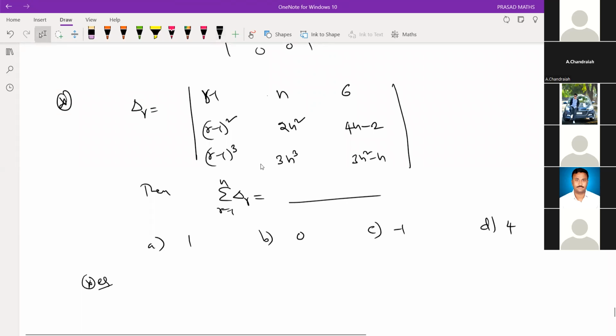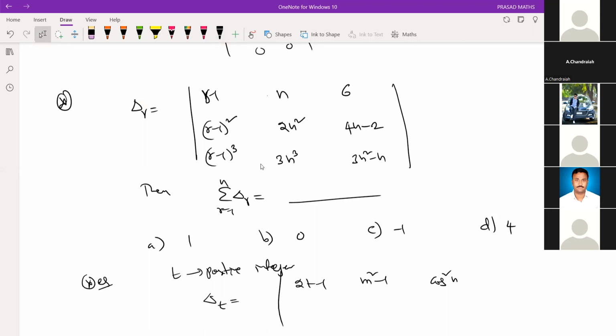It is also an exercise. Let m be any positive integer. del t equals 2t minus 1, m square minus 1, cos square m square, where mCt means the binomial coefficient, 2 power m cos square m.